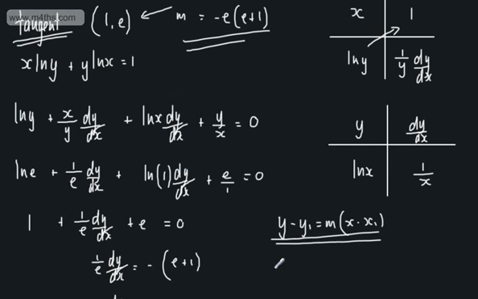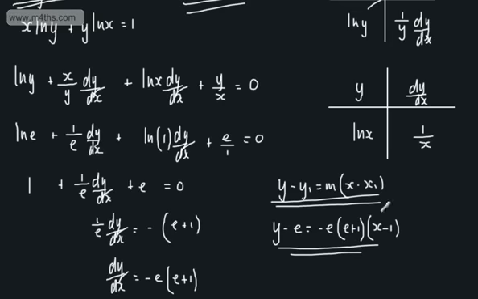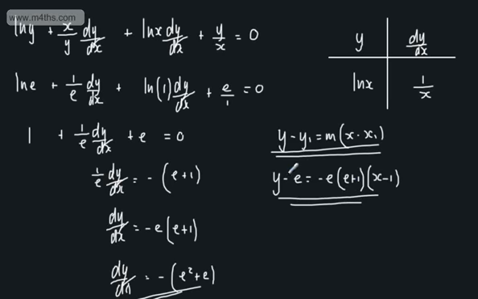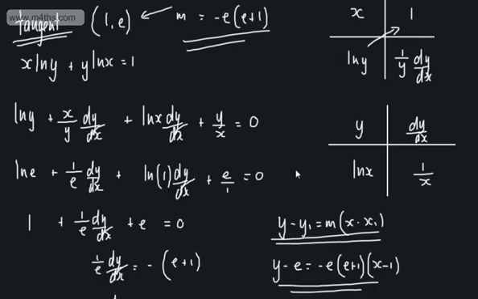So what we're going to have then is y minus e will be equal to the gradient, which is minus e, the quantity e plus 1, multiplied now by x minus 1. So that's what we have, and I'm going to leave it in that form. I'm not asked to put it in any particular form. I've not put that condition on myself to have it as y is equal to mx plus c. So this now is an equation for the tangent at the point 1, e.